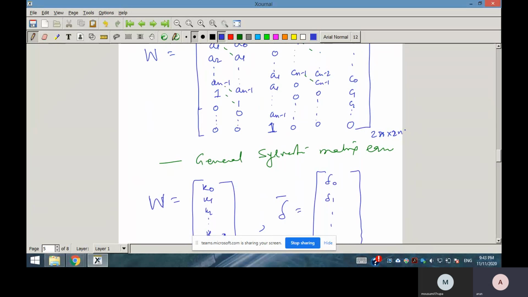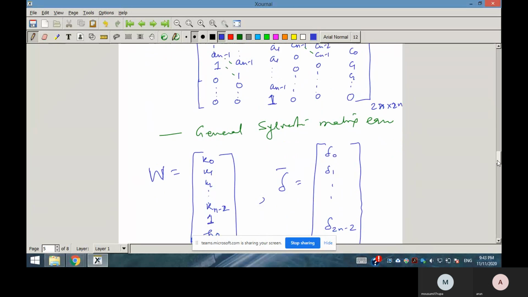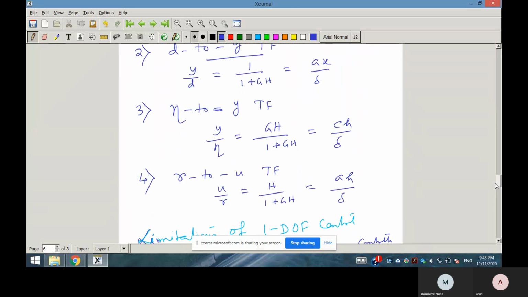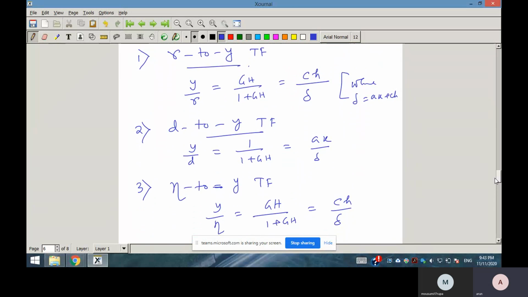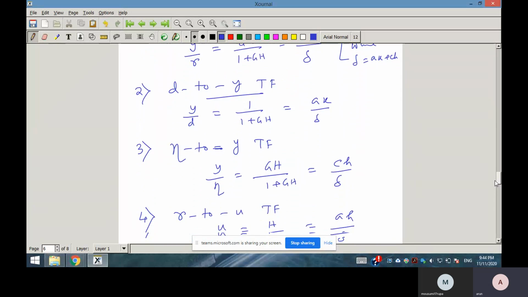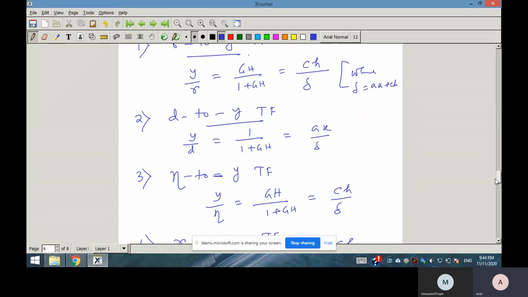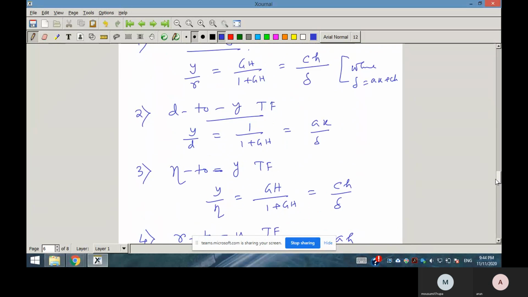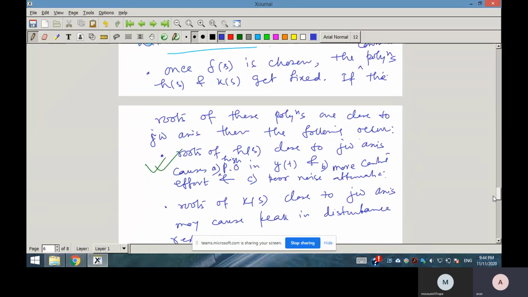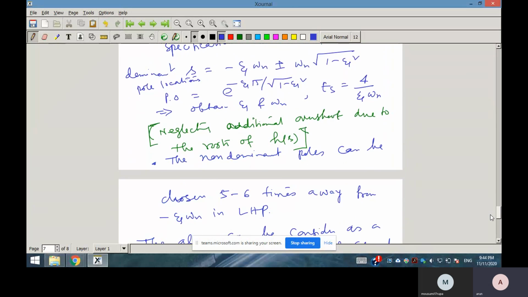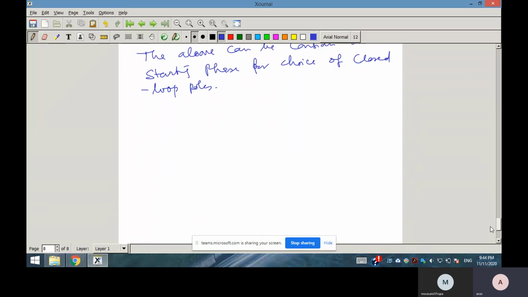But another 1 equal to 1 equation I have brought, so that's why it is 2n minus 1 plus 1, that's why it is 2n cross 2n. So this is AK by delta, CH by delta, and this is AH by delta. If a minor mistake or typo is there, I will let you know later.